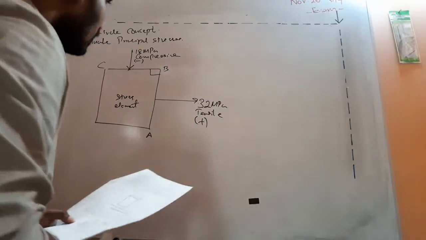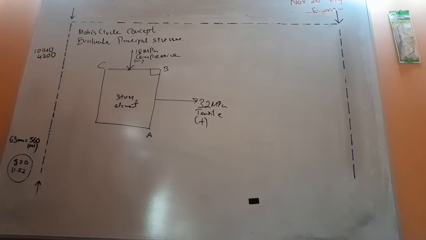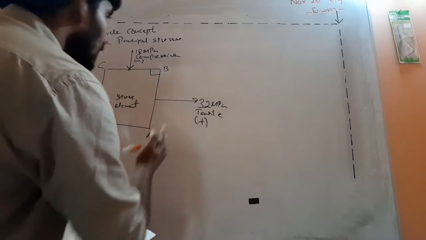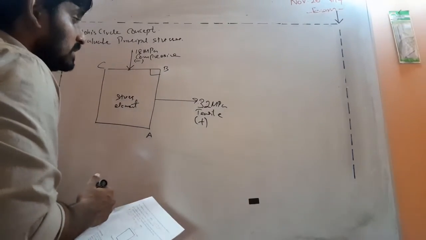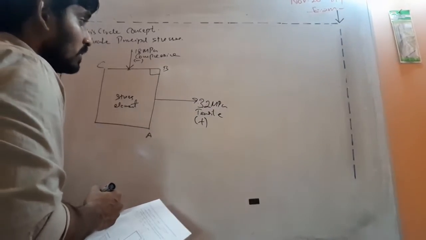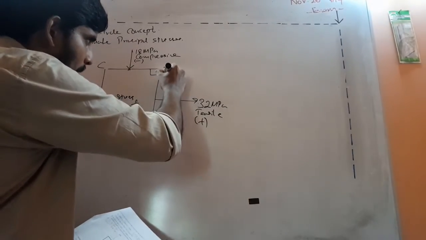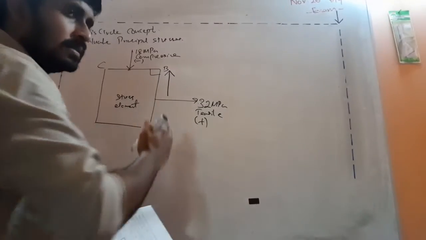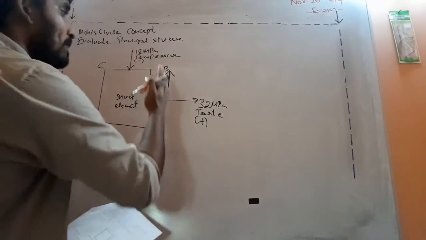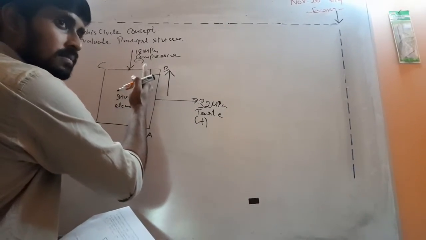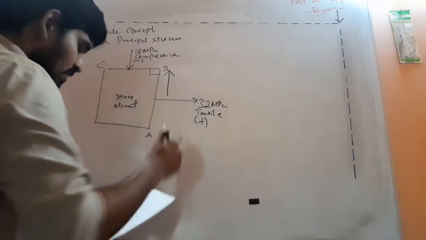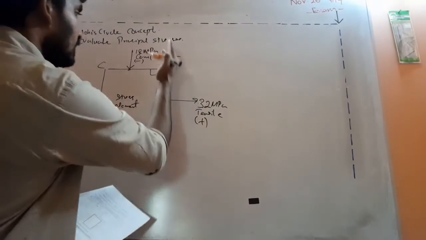Now the next one: here we have a stress we call shear stress. Shear stress is something that is parallel to the surface.